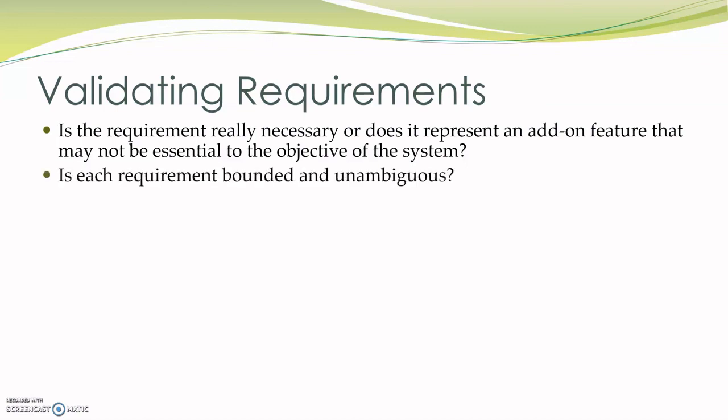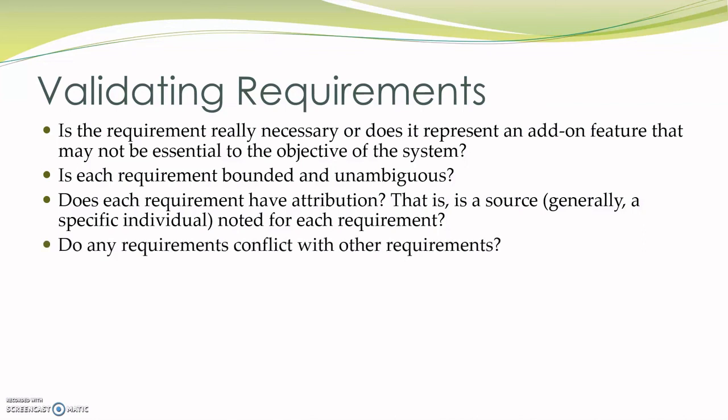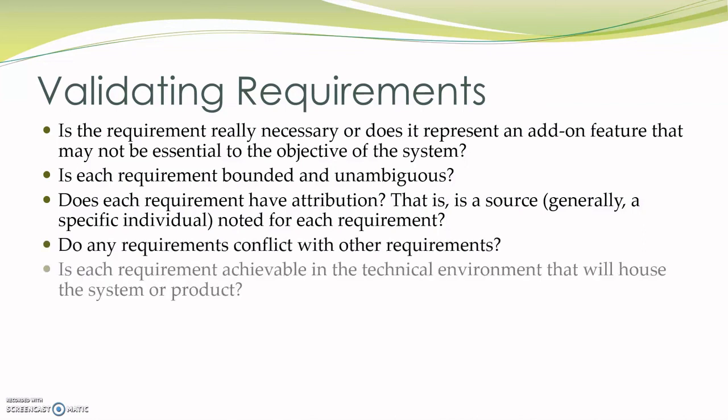Is each requirement bounded and unambiguous? Unambiguous means there is no confusion. Does each requirement have attribution? That is, is a source, generally a specific individual, noted for each requirement, so that it is provided from a proper source? Do any requirements conflict with other requirements? Is each requirement achievable in the technical environment that will house the system or product?